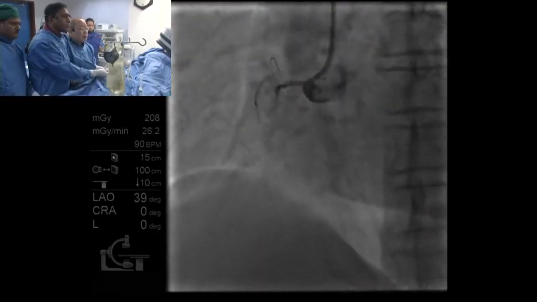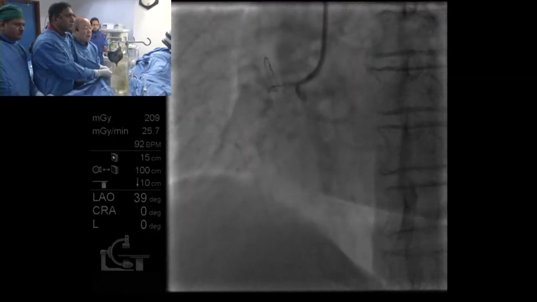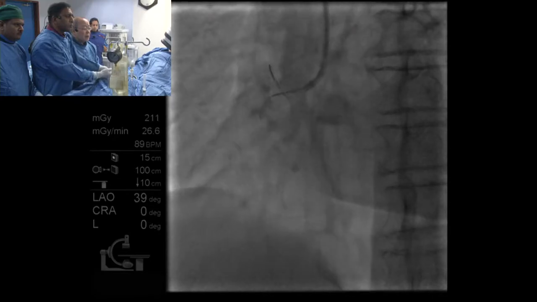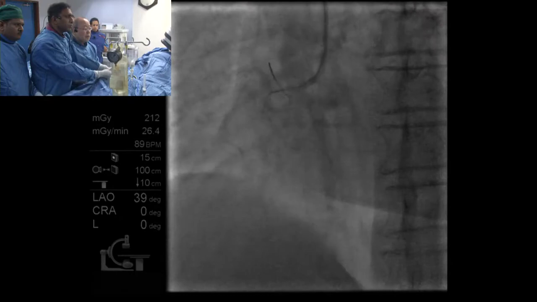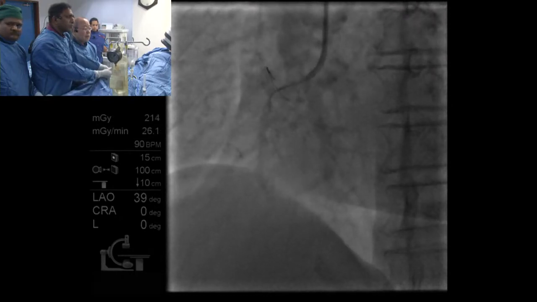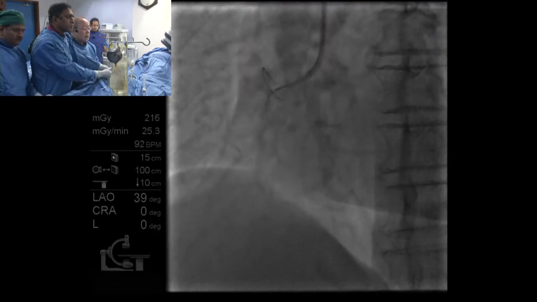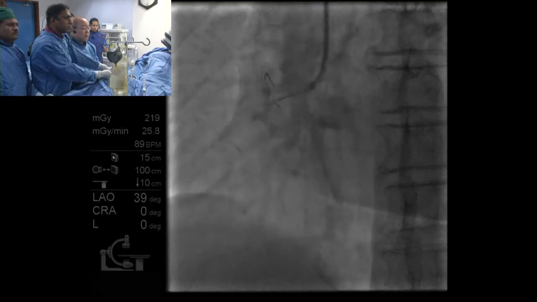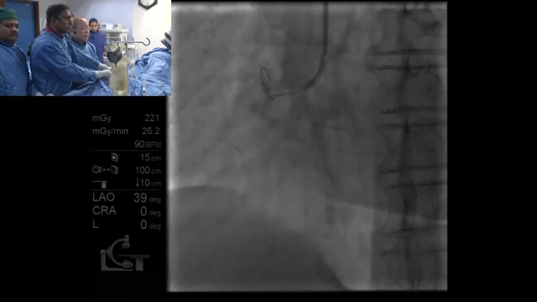So it looks good. I try to advance the microcatheter further.